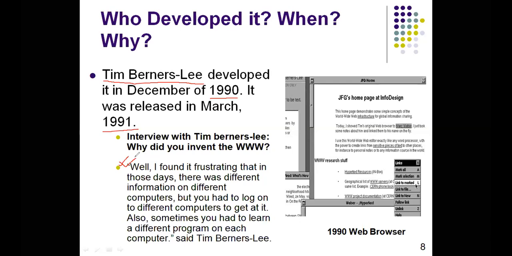If there is no web browser, if there is no www, then it is not possible to access that content. That's why Tim Berners-Lee developed this software. The software is basically the web browser. So I think you have some idea now who developed the web browser, when and why.